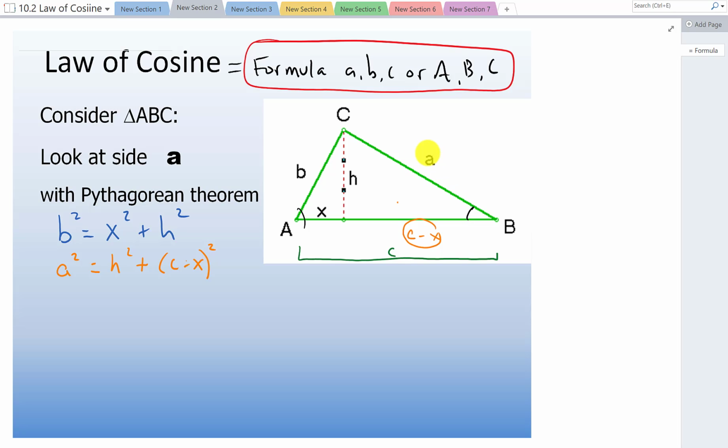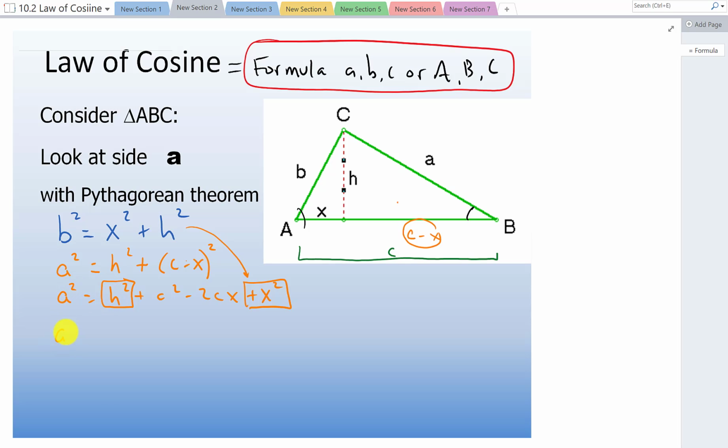Okay, so, however, I'm going to start simplifying a little bit, and I see something here that might clean up. a squared equals h squared. I want to FOIL, so I'm going to have c squared minus 2cx plus x squared. And I'm noticing h squared and x squared. Hey, h squared plus x squared is equal to b squared. I can take these out.